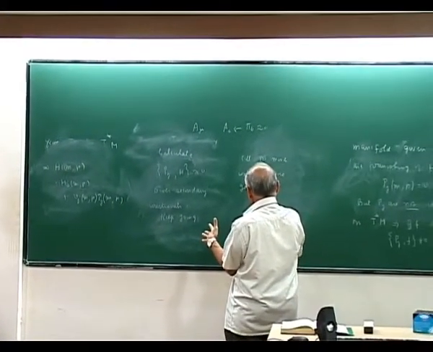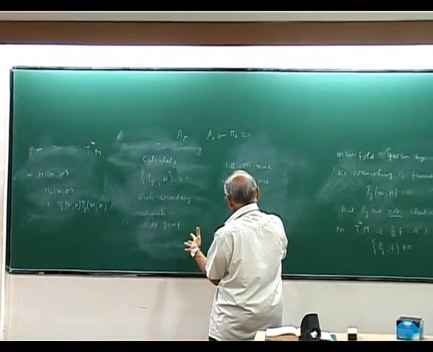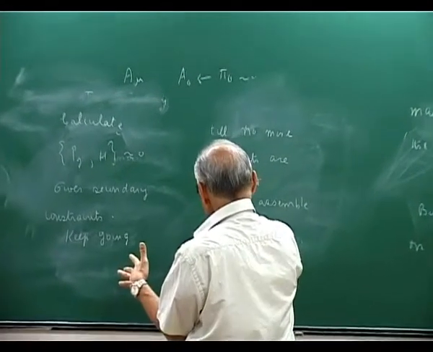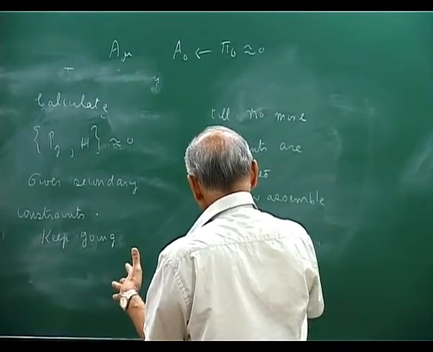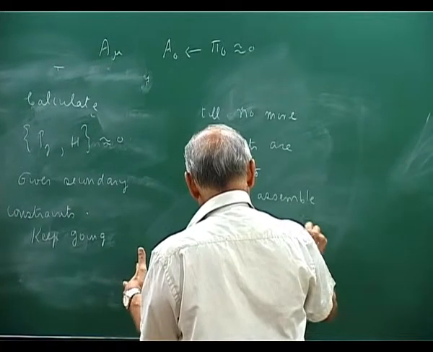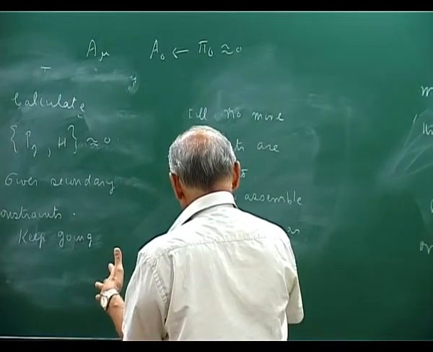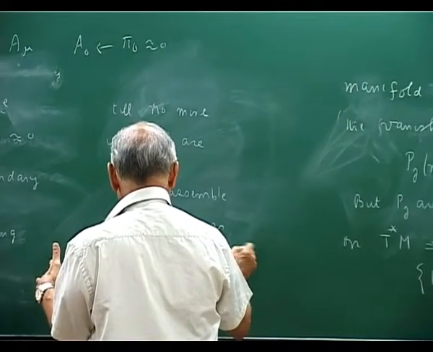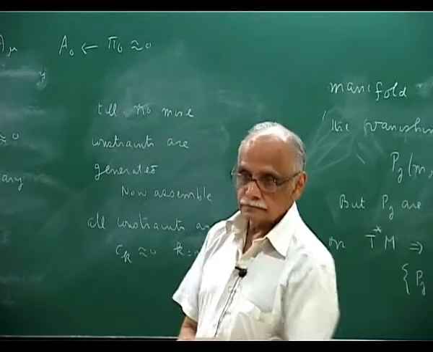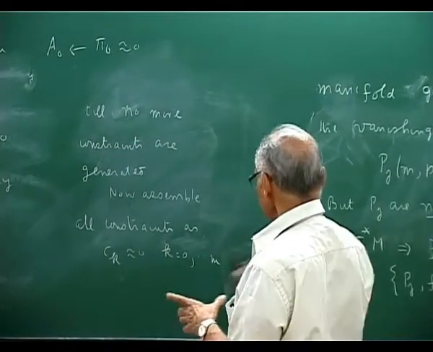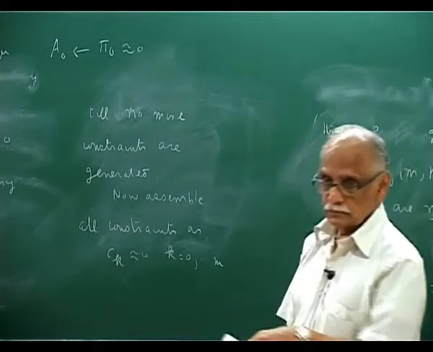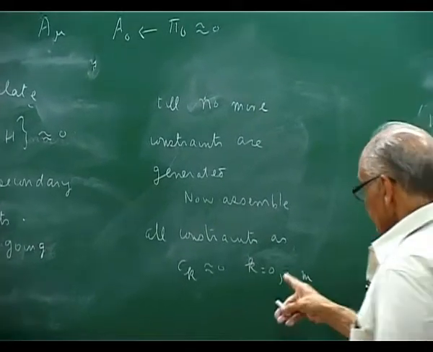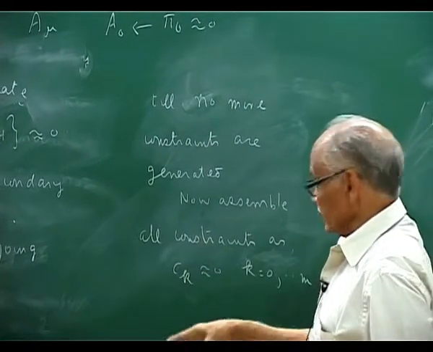Now assemble all constraints as Ck equal to 0, k going over some index set. Now I will give Dirac's definition. For him, primary and secondary are less important than the definition I give you.